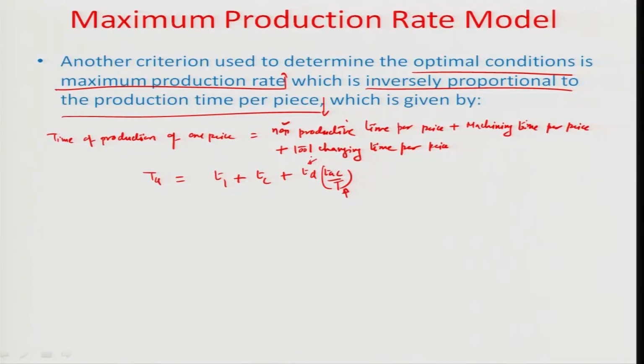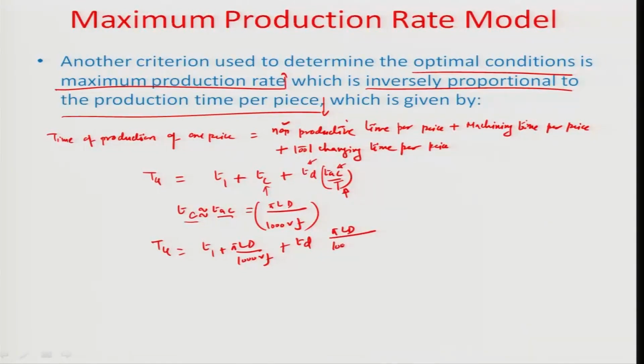So if I substitute again the value of TC and TAC, which are more or less similar to each other, again assuming the situation where all these different machining centers have hardly any relaxation time or idle time, as designed because of the optimum path of the controller and the rapid feed, etc. So this is again written as pi LD divided by 1000 VF, and therefore TU can be defined as T1 plus pi LD by 1000 VF, which is TC, plus TD times pi LD by 1000 VF times 1 by T, which is V by C to the power of 1 by n.